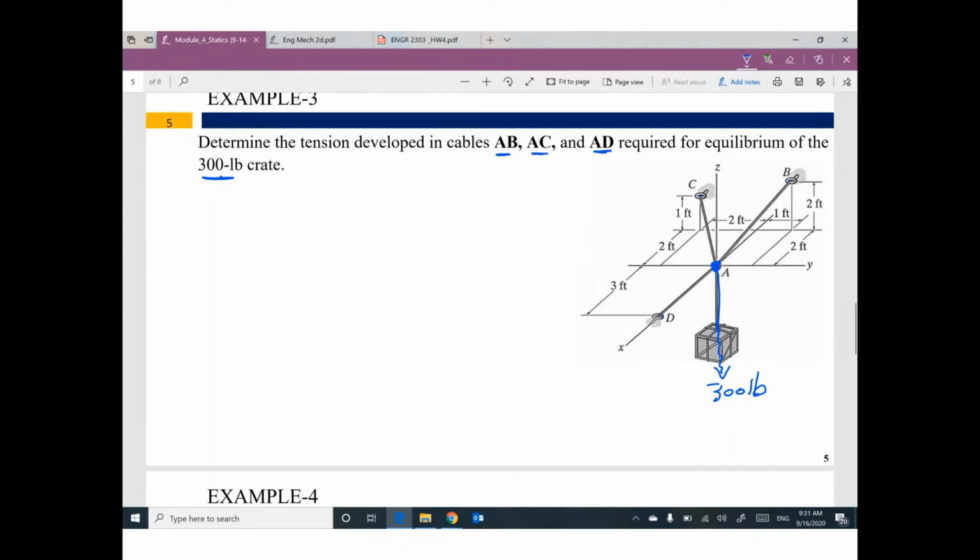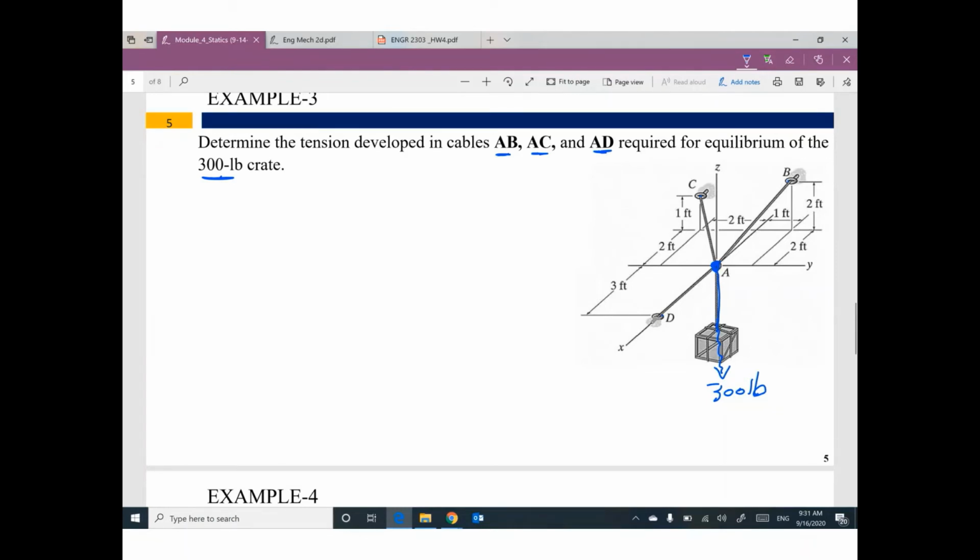The same concept. As you watch in this problem, we don't have any angles, alpha, beta, gamma, or any projection line with angles. So the only way is to figure out the coordinates of these points.